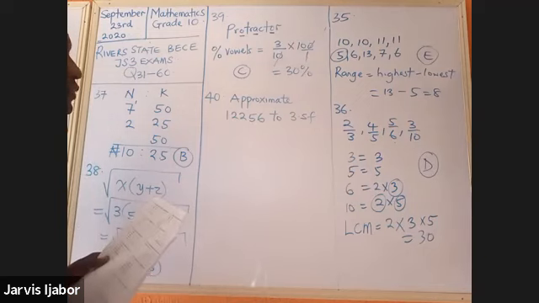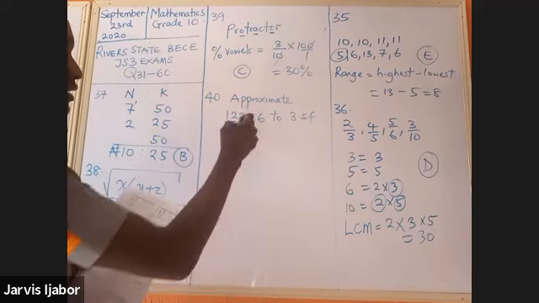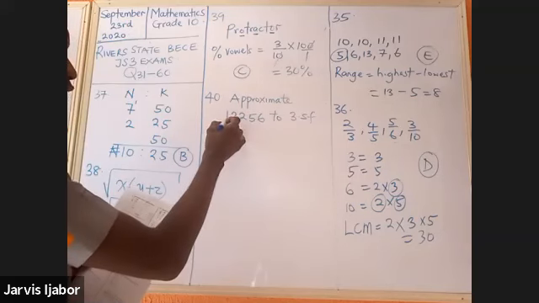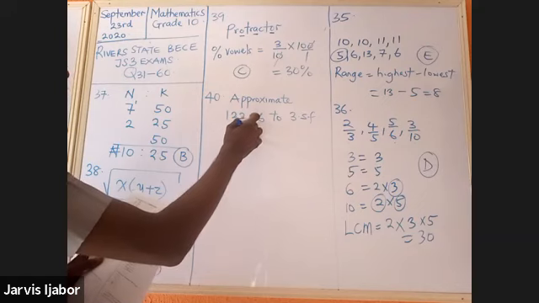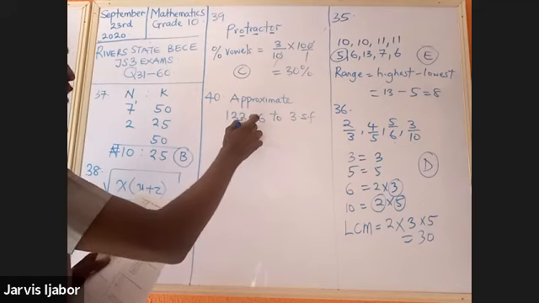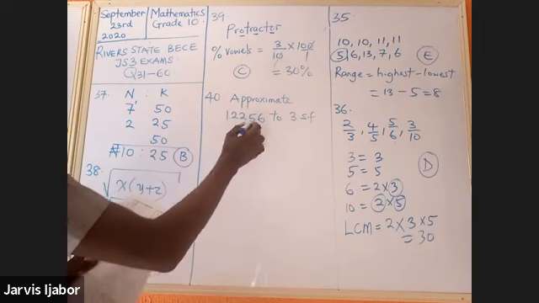So how do you do that? Quite simple also. Digit of interest is this one. So 3 significant figures, 1, 2, 3. So this becomes the digit of interest, the digit of approximation. So then you use this digit of approximation to approximate this one.